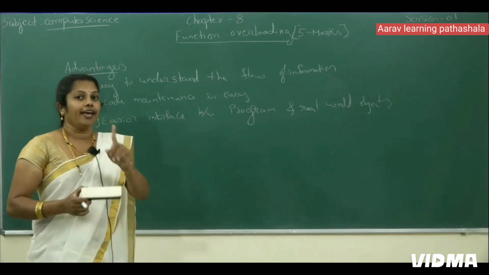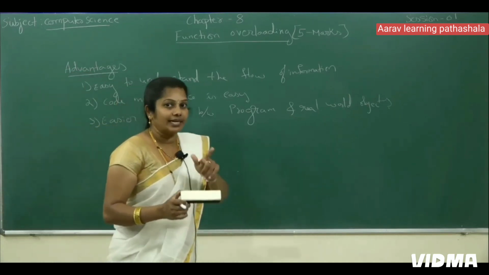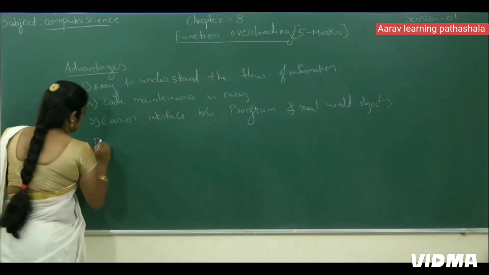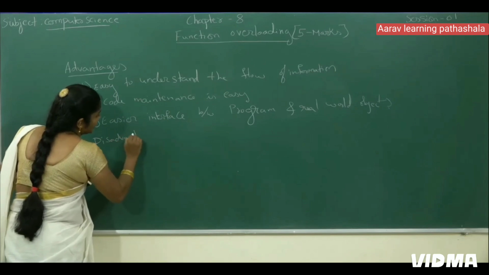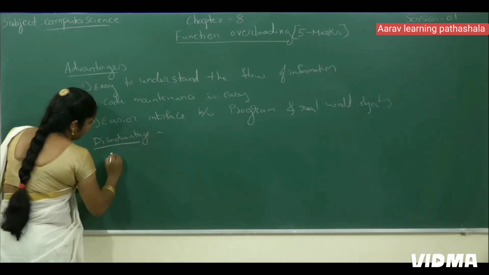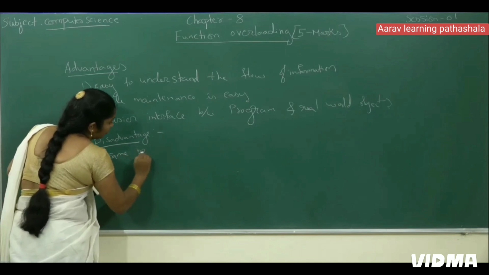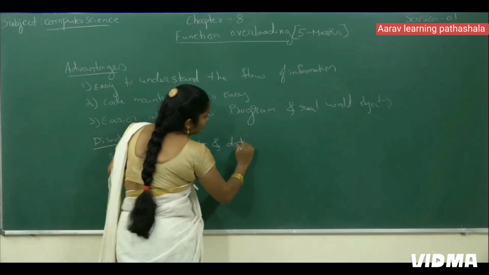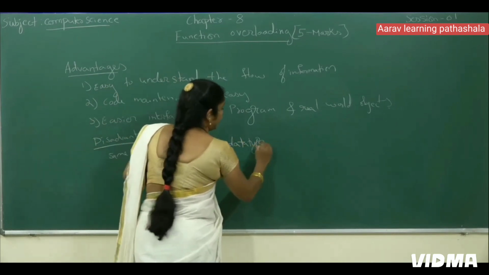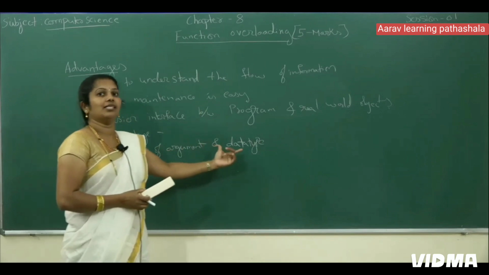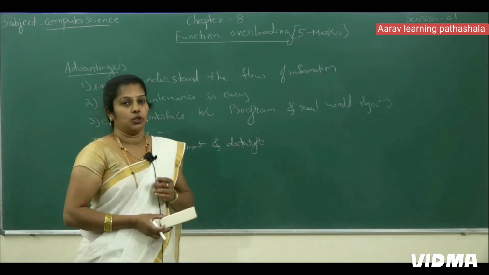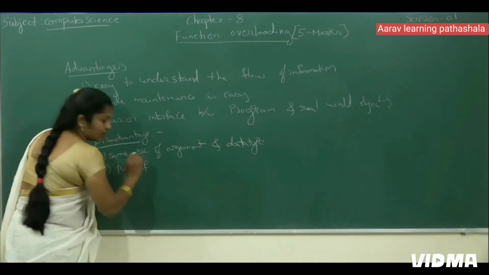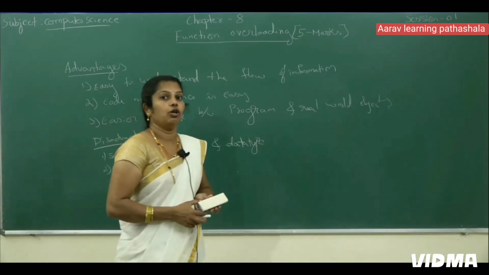First disadvantage: if the number of arguments as well as the data type are both the same, then function overloading will not work. And if I use a type definer in the function, then also it will not work.